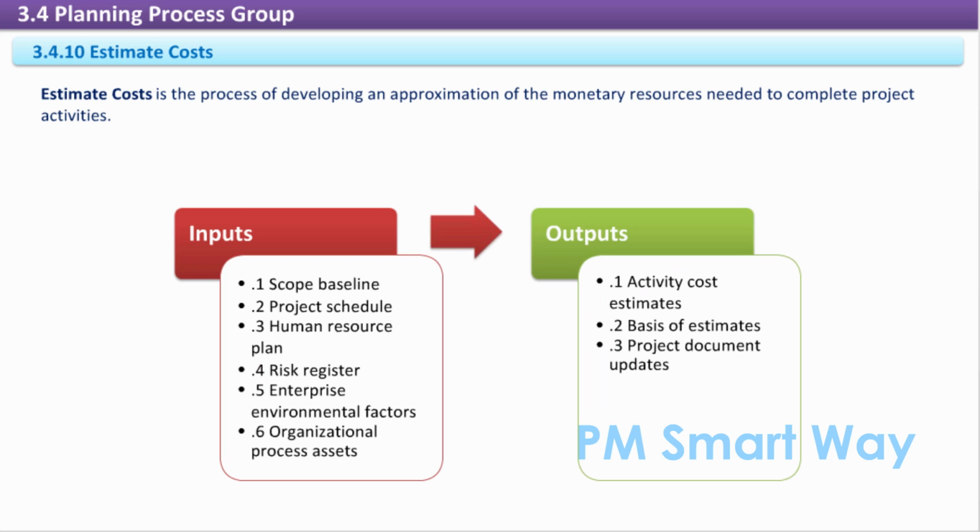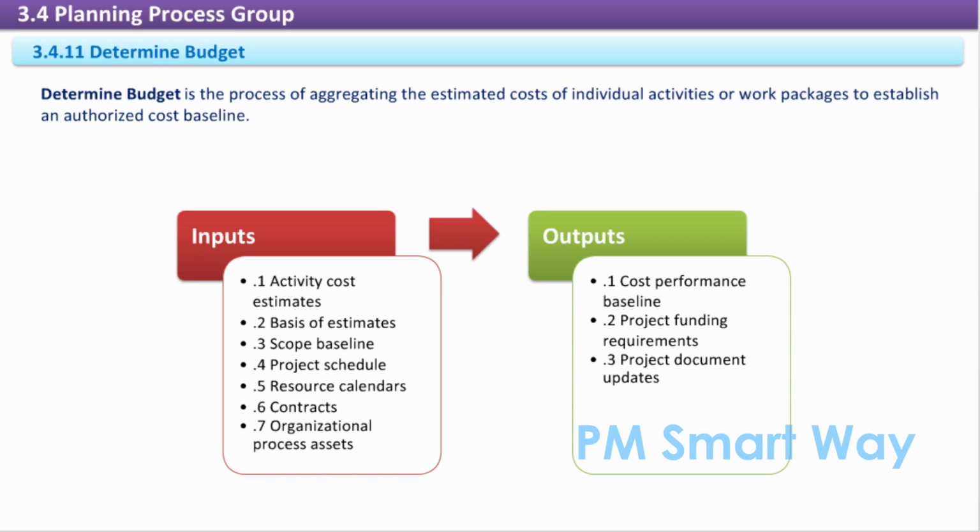Estimate costs. Estimate costs is the process of developing an approximation of the monetary resources needed to complete project activities. Determine budget. Determine budget is the process of aggregating the estimated costs of individual activities or work packages to establish an authorized cost baseline.